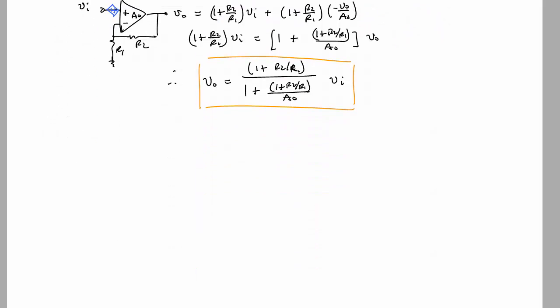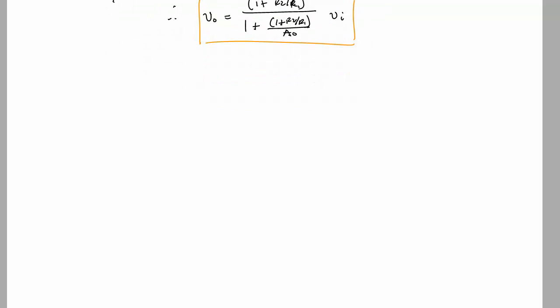Now, we haven't even gotten to the frequency dependence yet, but now we're ready for it. So I'm going to draw a frequency or magnitude plot. We'll do frequency on a log scale. It's like 1, 10, 100, 1,000, 10,000, 100,000, 1 million, etc. And we're going to plot the open loop amplifier gain.